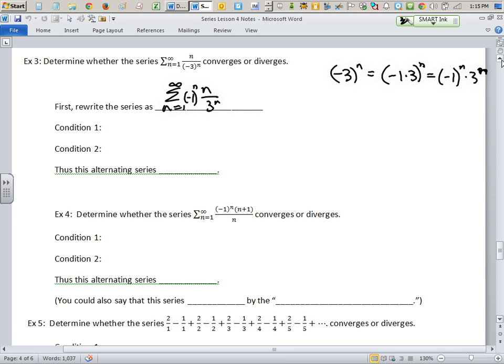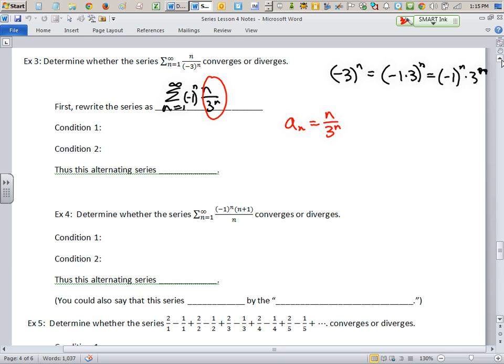So there's no reason why we can't just suck out the negative 1 to the n and stick it in front. Even though on the bottom, we put it in the top and the front. Doesn't make any difference. The point is, our a sub n is this part. So you want to identify that a sub n, because that's what you're really studying.